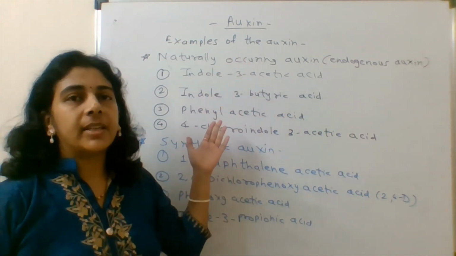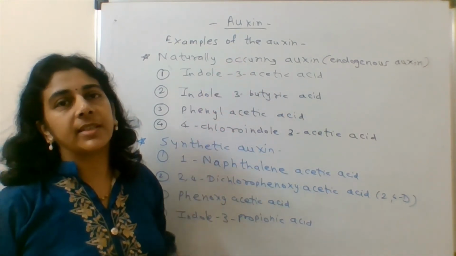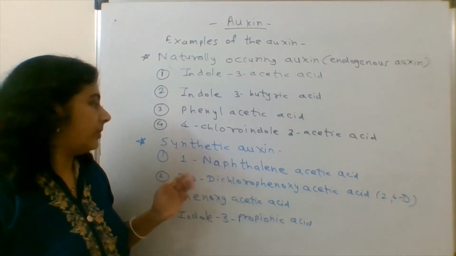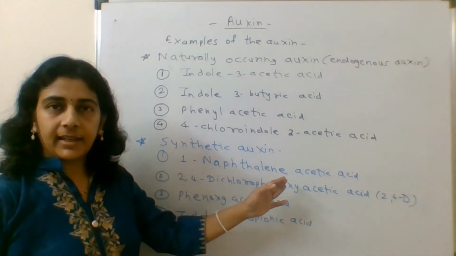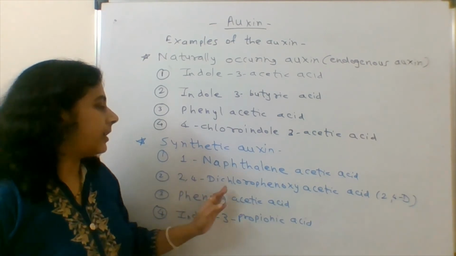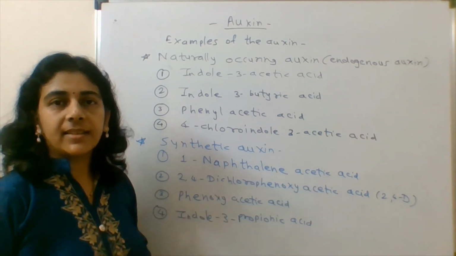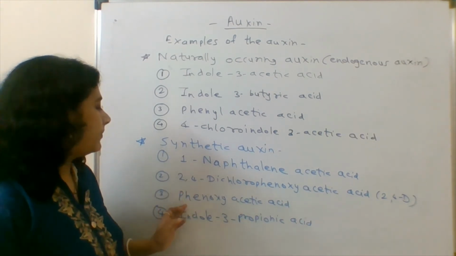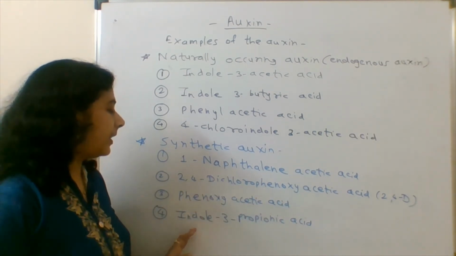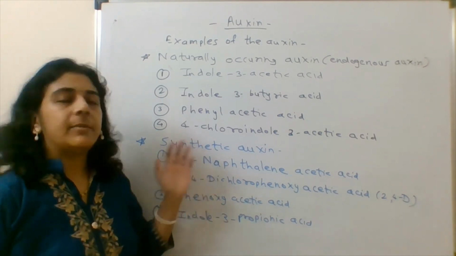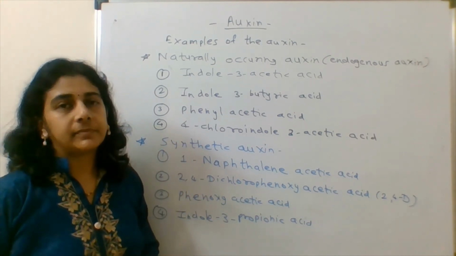These are the some examples of the auxin which are present naturally. Whereas synthetic auxin includes 1-naphthalene acetic acid, 2,4-dichlorophenoxyacetic acid, we commonly call it as a 2,4-D, then phenoxyacetic acid, and indole 3-propionic acid. So these are the some examples of the synthetic auxin.